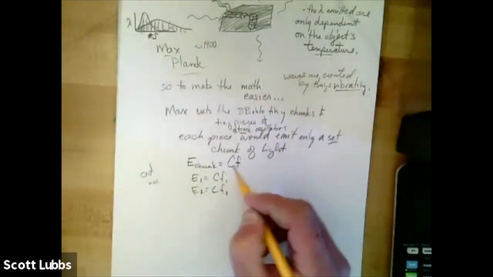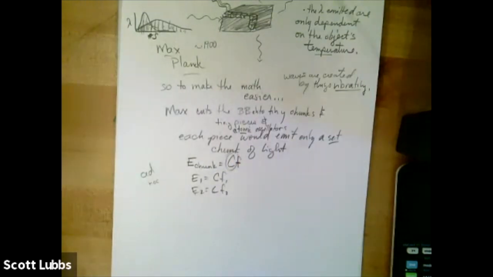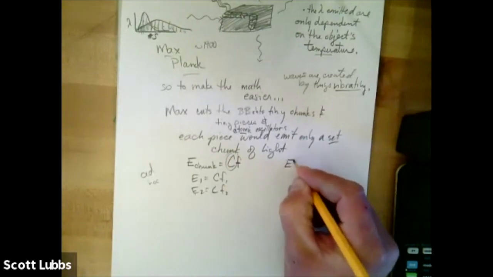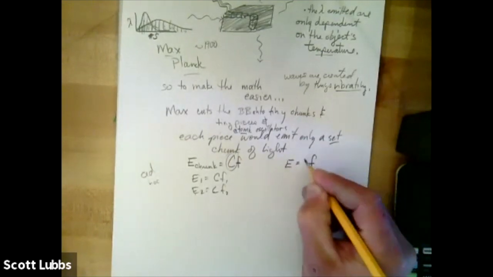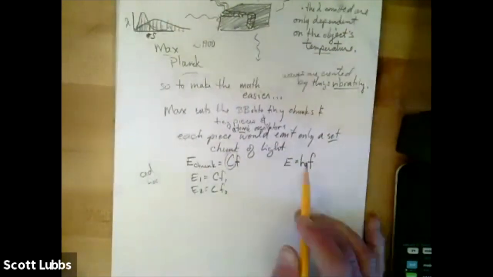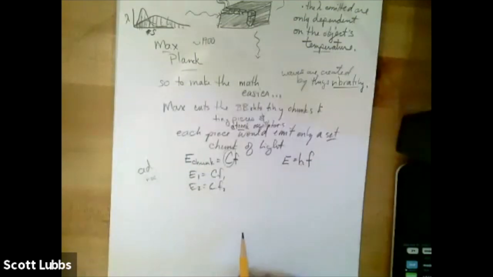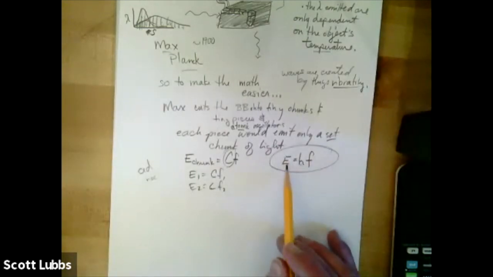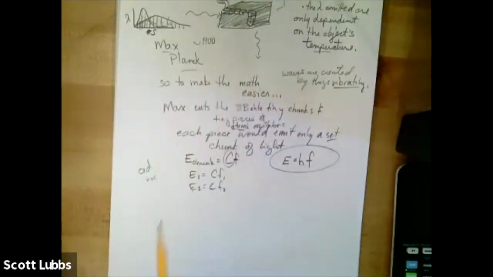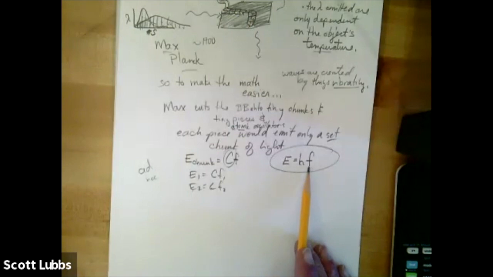He started to do some math, and it turns out this number started to fall out pretty easily. He didn't use a constant, he used h for his constant. You know this as Planck's constant. The energy of that light that's coming out is just the frequency times Planck's constant.